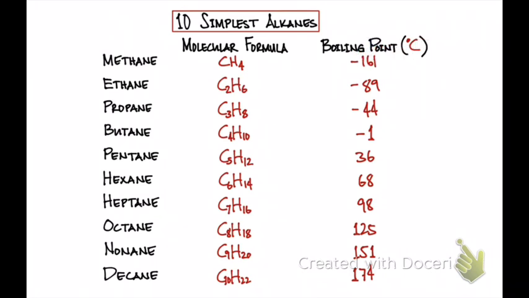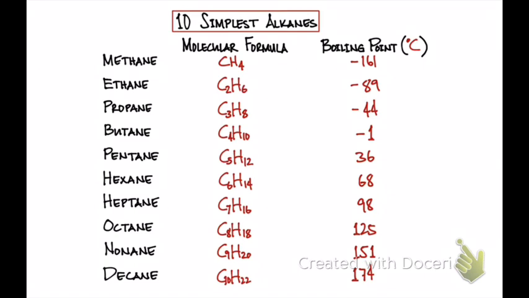So that means that at negative 161 degrees Celsius or higher, methane is going to be in gas form. You can see that the first 4 here are basically in gas state, or vapor state, at room temperature, because room temperature is 25 degrees Celsius.